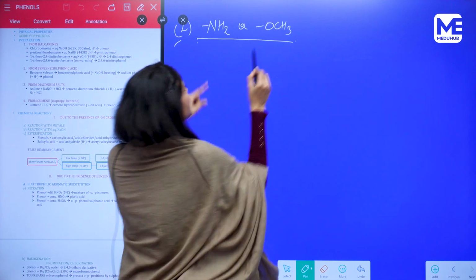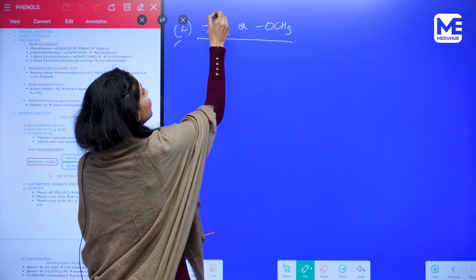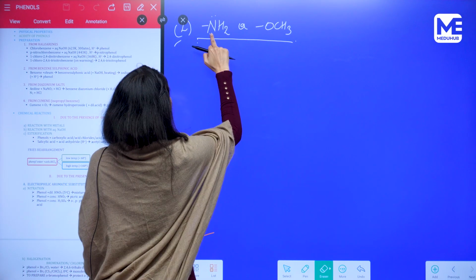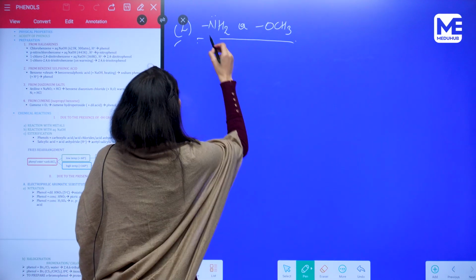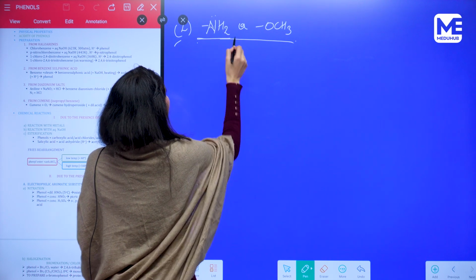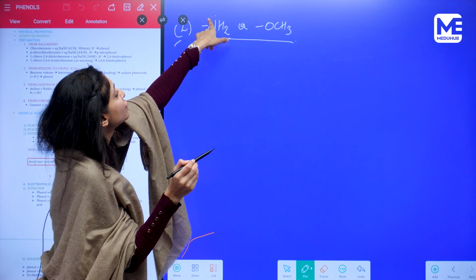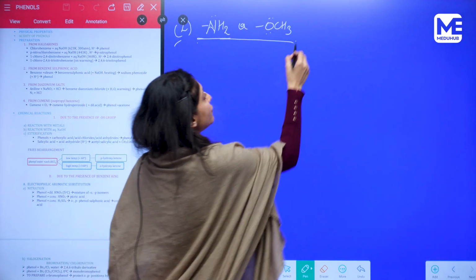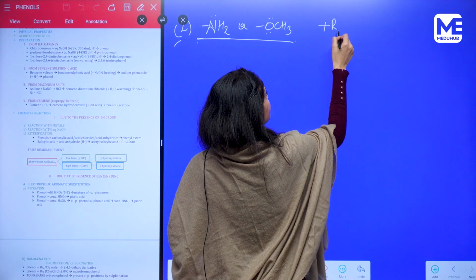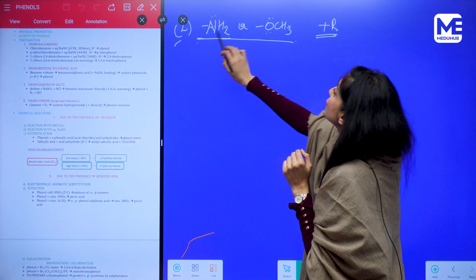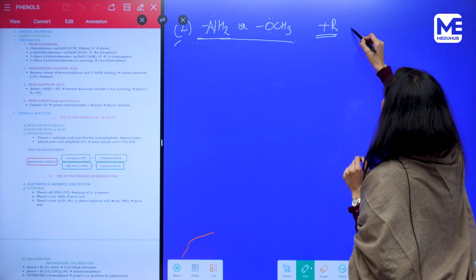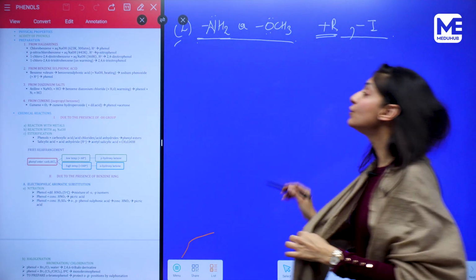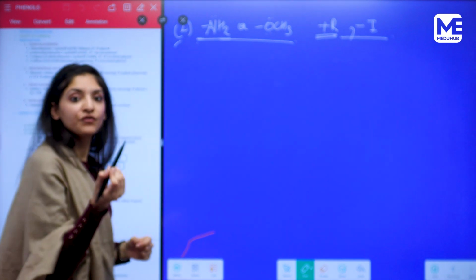If we talk about such substituents, because of the lone pairs of electrons present on nitrogen and two present here, these substituents have a plus R effect. And because nitrogen and oxygen are electronegative, they also have a minus I effect. How do such substituents affect the acidity of phenol?